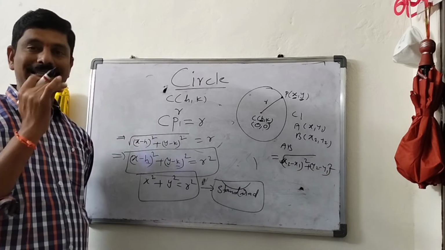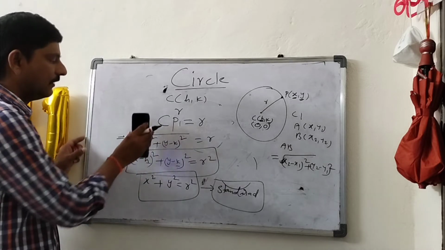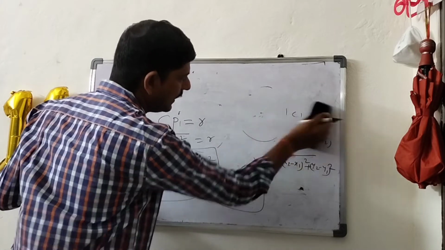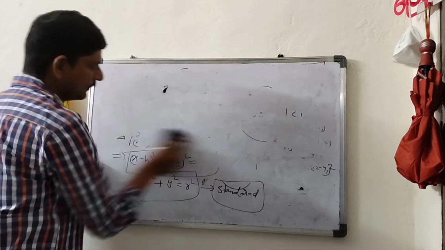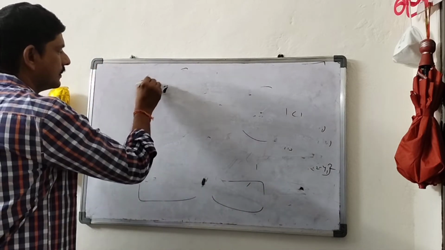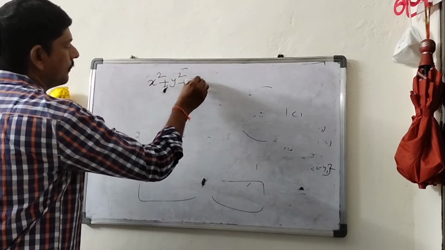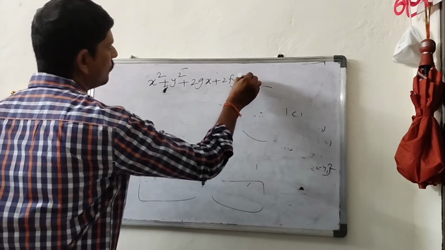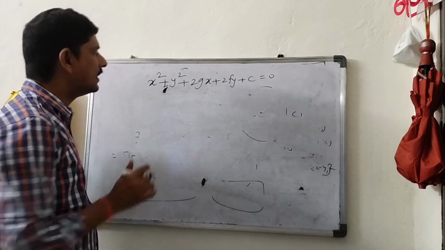So the general form of circle. What is the general form of circle? You have to know, very, very important. An equation of the form x square plus y square plus 2gx plus 2fy plus c equal to 0 is called the general form of circle.